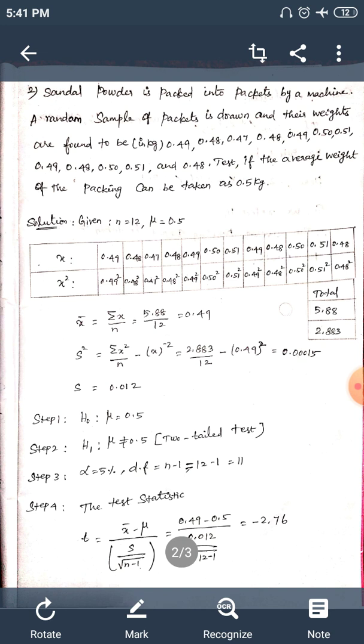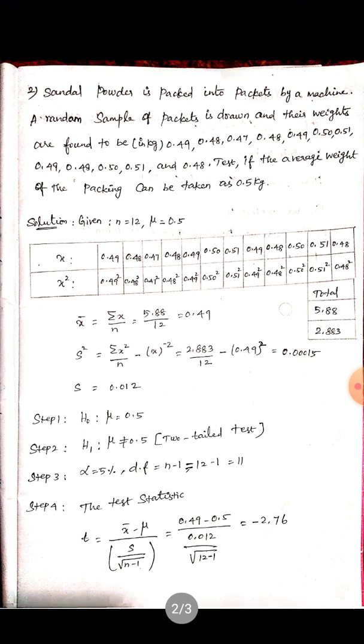Step 1: null hypothesis H naught, mu equals 0.5. H1, the alternate hypothesis, is mu not equal to 0.5, which is a two-tail test, because H0 has equals but H1 has not equal. Here also the level of significance is 5%. The degrees of freedom are n minus 1, the sample size minus 1, so 11.